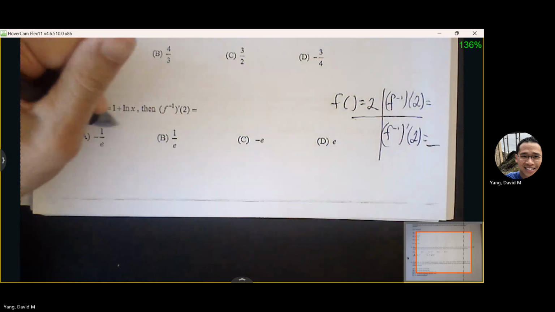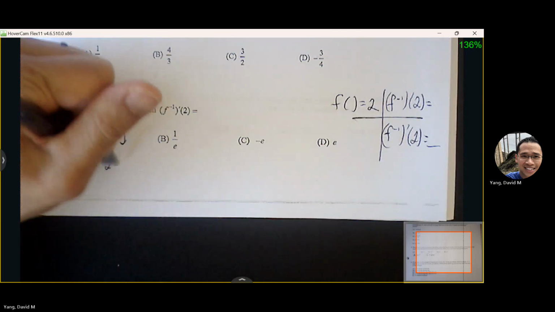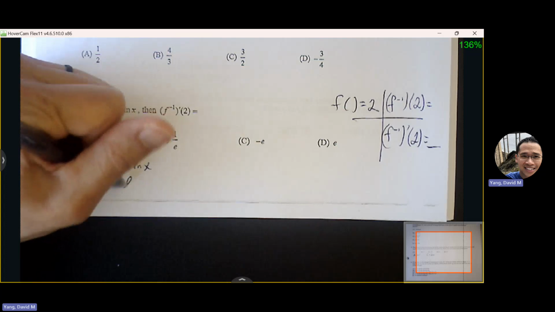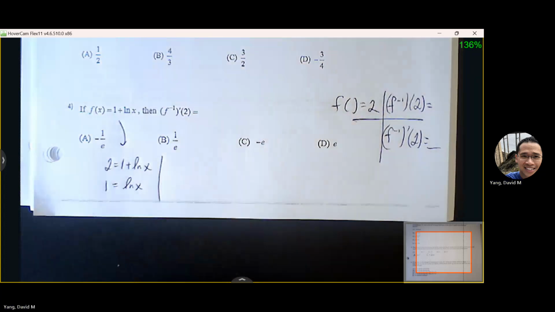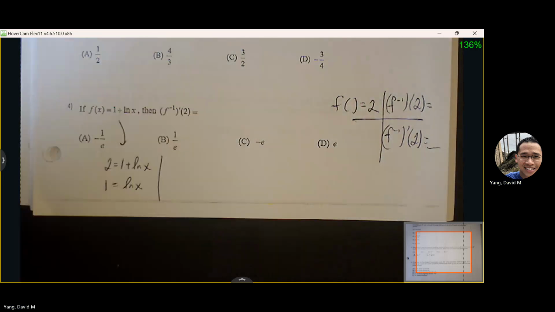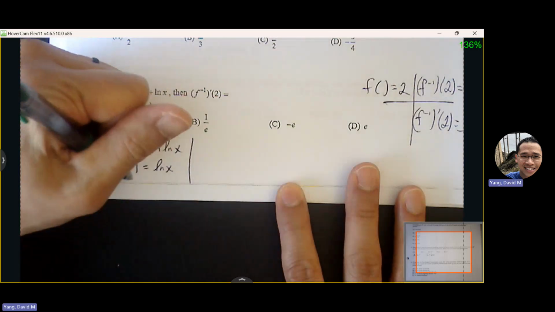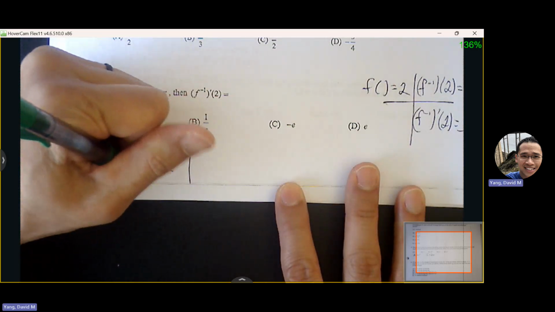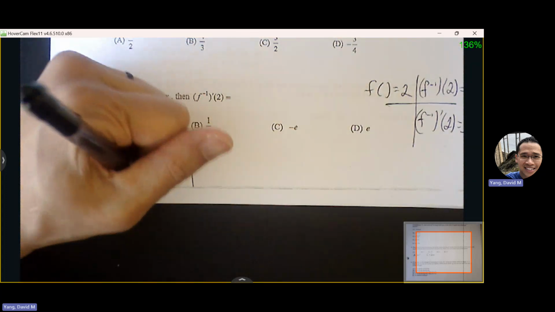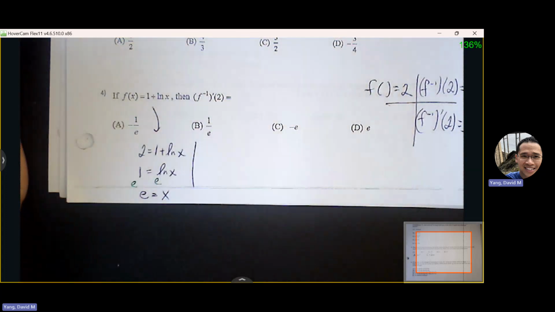So let's see if we can solve for x. Natural log of what value is equal to 1? If you understand that it's e, that's great, but you can also raise both sides with e as the base and solve it that way. We know e and natural log go away. I get x equals e to the first power, so x equals e.